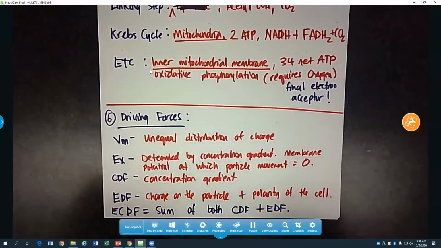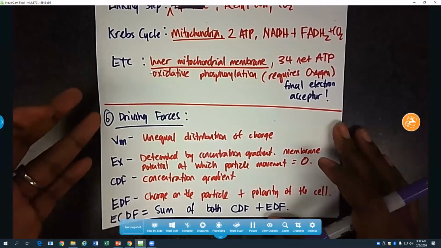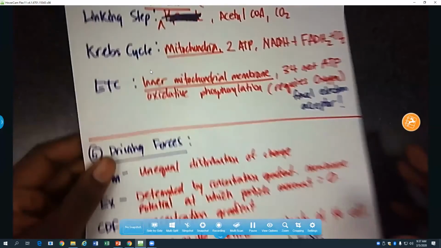And so the last thing we talked about with regard to the chemical and electrical driving force is how do we determine the overall movement of particles when we combine these forces? We said that if both forces were in the same direction, that was nice and easy and straightforward.